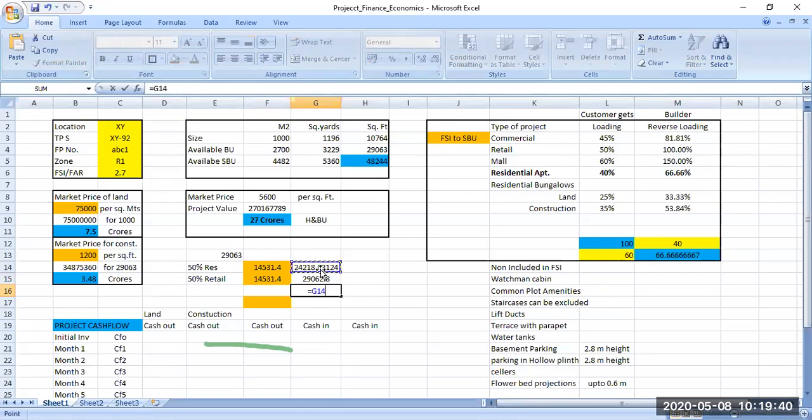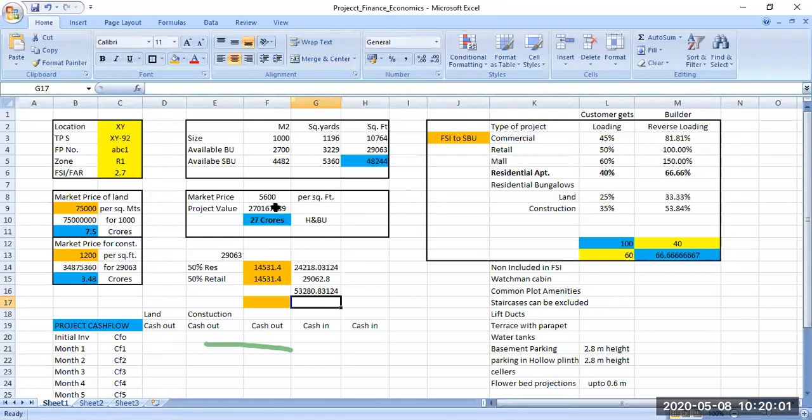Any other question? So it would be around 53,280. But again, you cannot take that as a full number, because even the selling price will not be the same. The market price of 5,600 won't apply. It will only apply to the 50% residential.